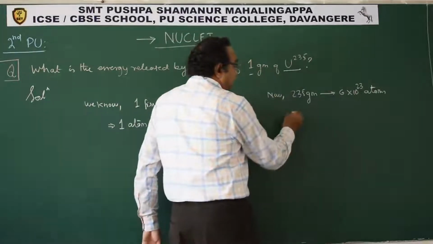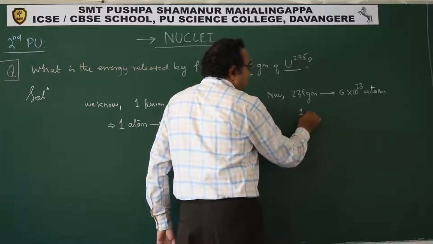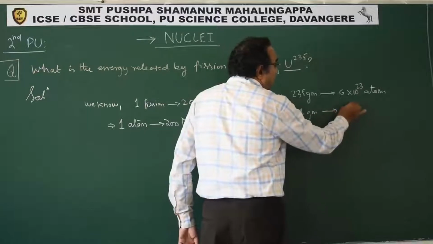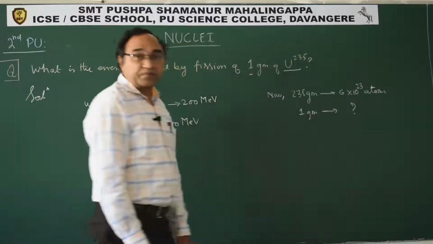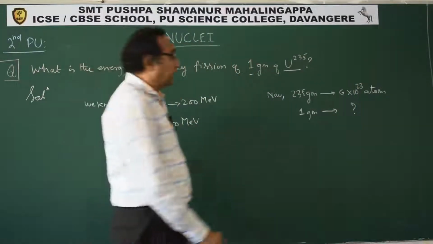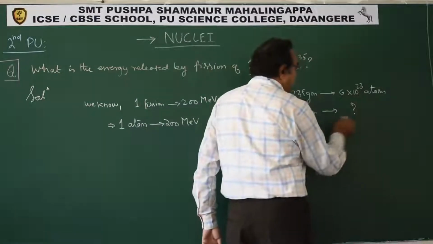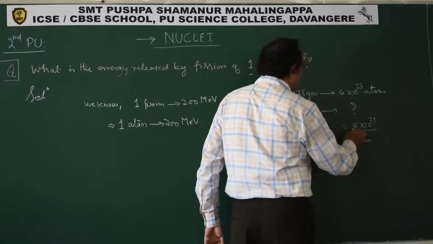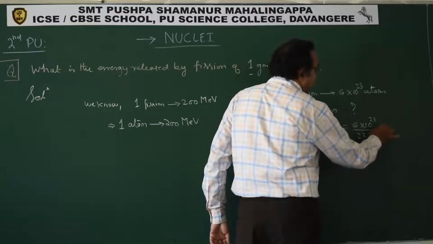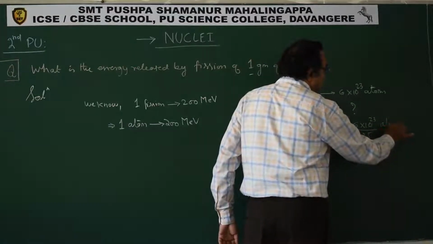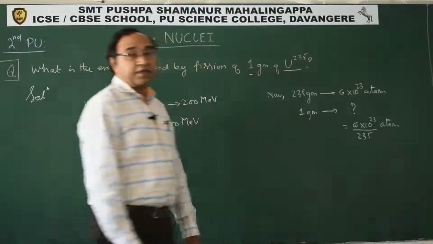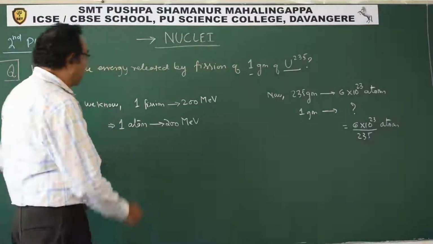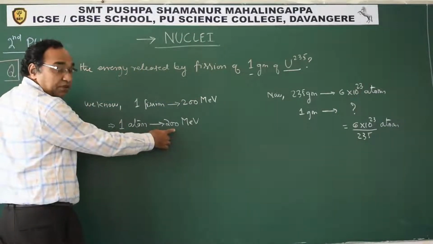Now it says in 1 gram, how many atoms will be there? This is where we are using the mole concept. So that is nothing but 6 into 10 power 23 upon 235 atoms. This many atoms are there. So now one atom releases this much energy.